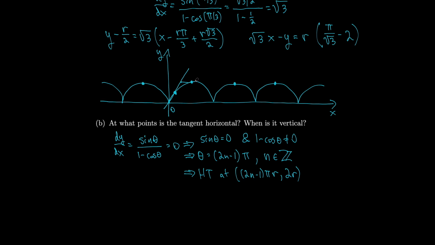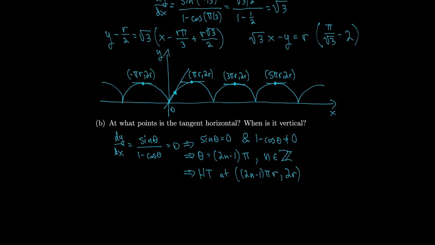So we have horizontal tangents over here like this. And the first one's at pi r, that's our first odd multiple of pi, and the height is 2r for every single one. So this one's at 3 pi r, 2r, and this one's at 5 pi r, 2r, and this one will be at minus pi r, 2r.